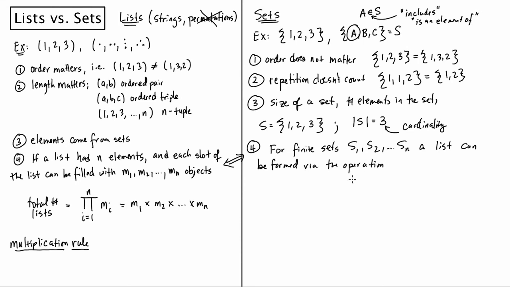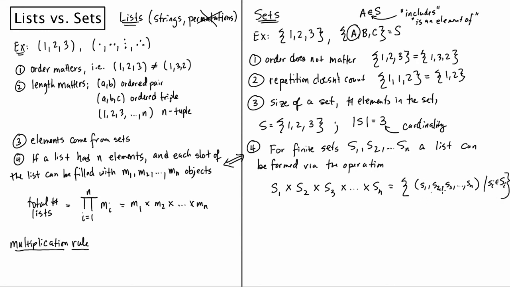Now, the notation here is pretty standard, so let me explain what the Cartesian product is. S1 cross, and you say cross, you don't say times, S2 cross S3 cross all the way up to Sn is the set of n-tuples that can be formed from taking elements from the sets.